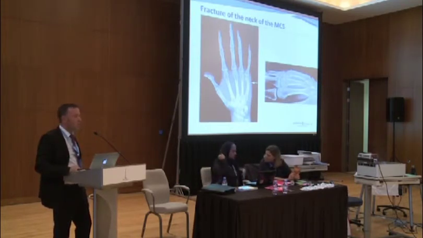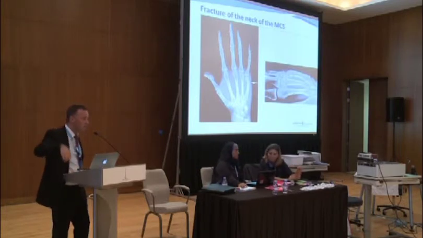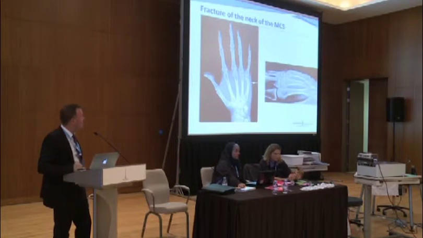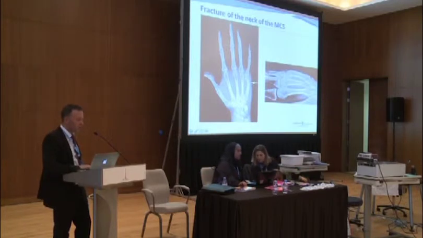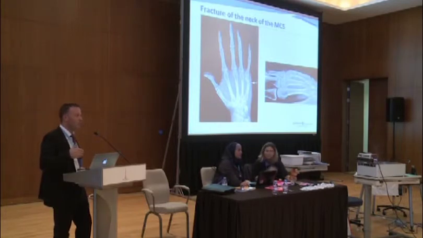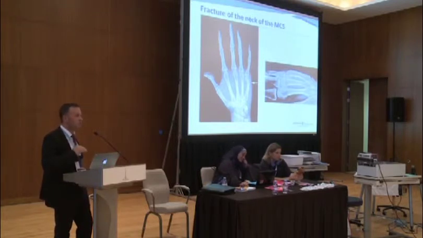It's really common when they fall down with the fist closed. And this fracture can be non-displaced like on the left side, but if you look on the right side X-rays, there is a flexion of the neck with more than 40 degrees. And sometimes, when there is 30, 40 degrees, there is need to do an operation.